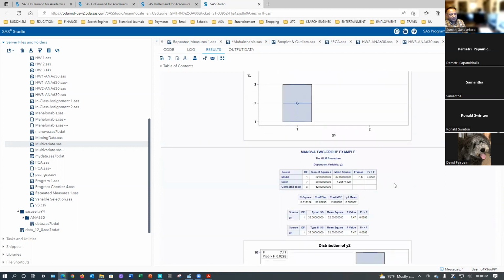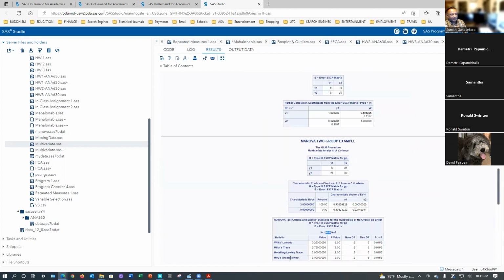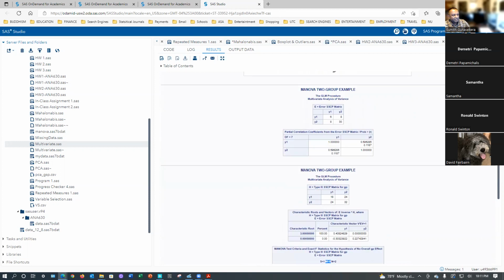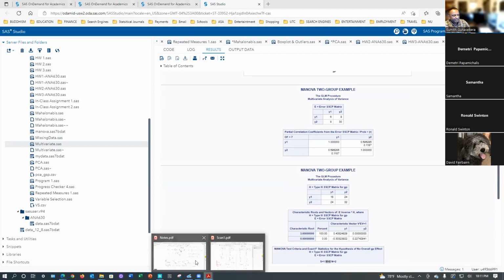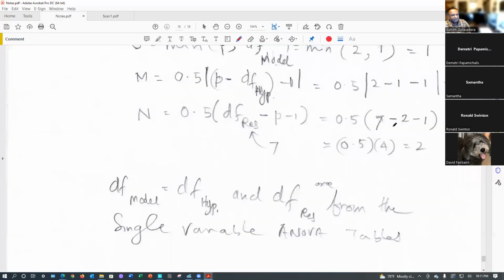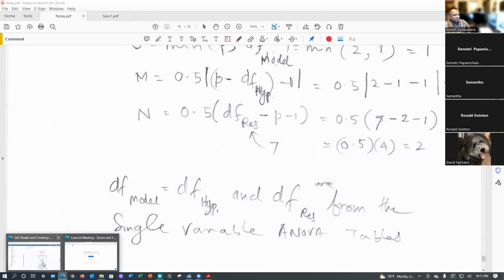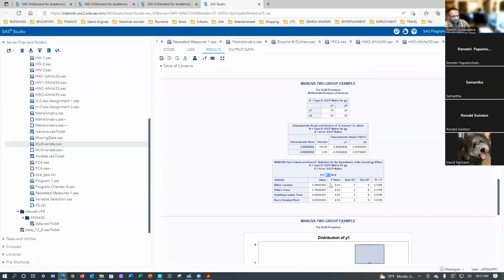MANOVA for Y1 and Y2 at the same time, assuming there are 2 groups and within each group there are 2 variables. So if you calculate that one, 3.57 minus 2, 2. You see 2? Yes.